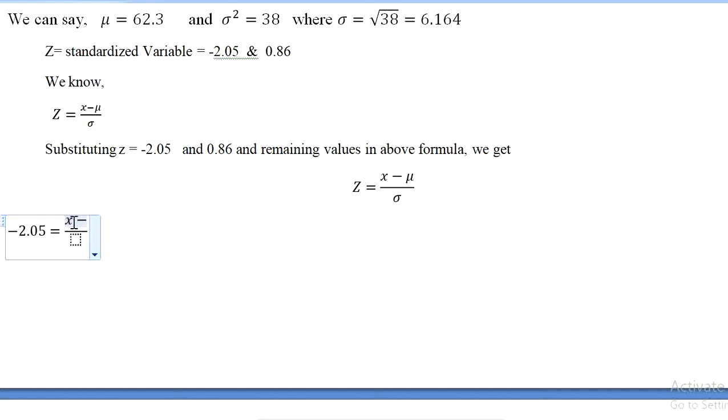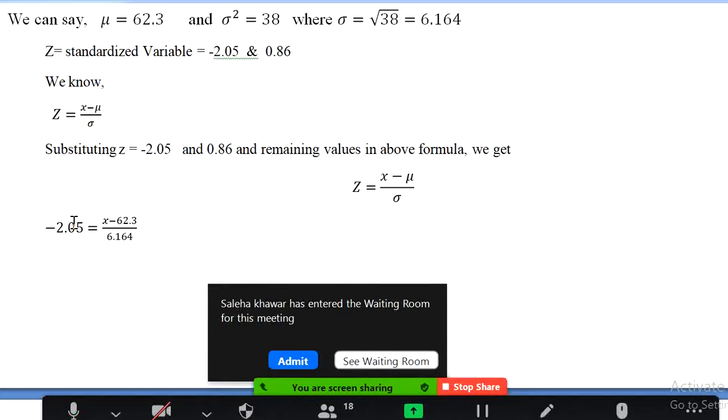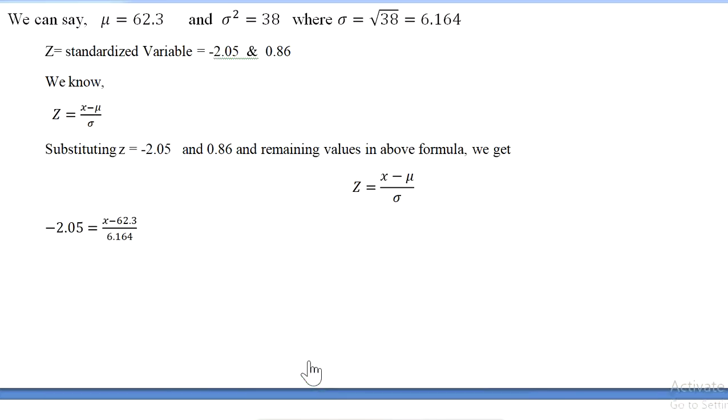X minus the value of mu is 62.3 and the value of sigma is 6.164. This is the first value of z.